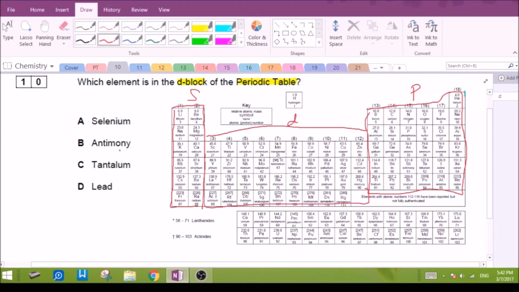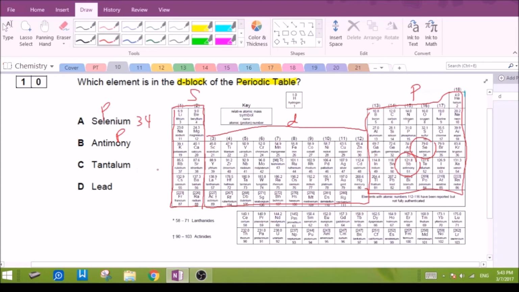Alright, D block. So let us look at our four options and then match them to the correct location. Selenium. Selenium atomic number is 34. Right, this is selenium. So selenium is a P block element. Antimony, atomic number 51. Right, also belonging to the P block.